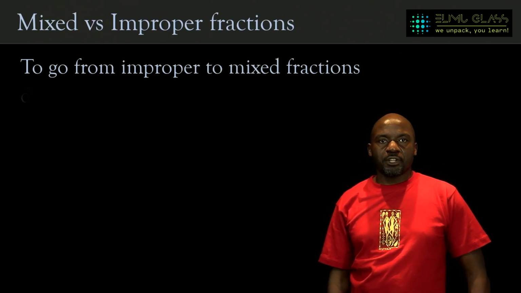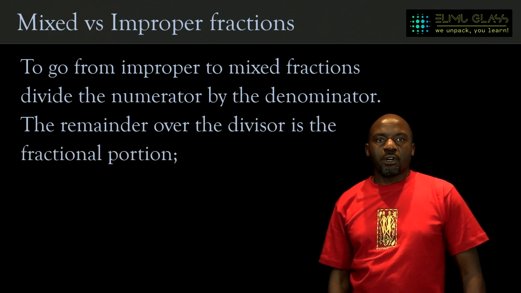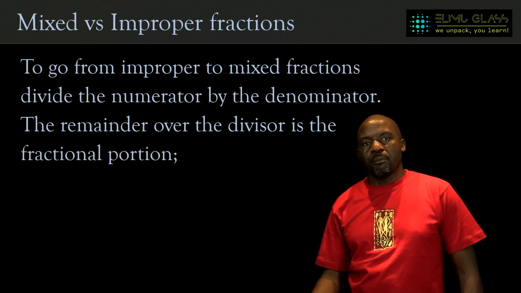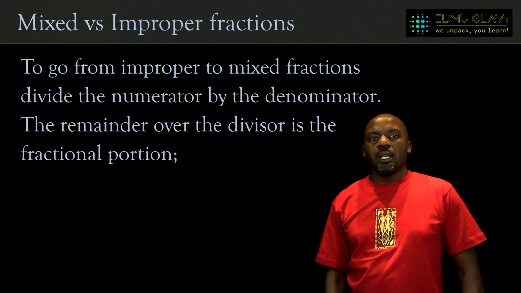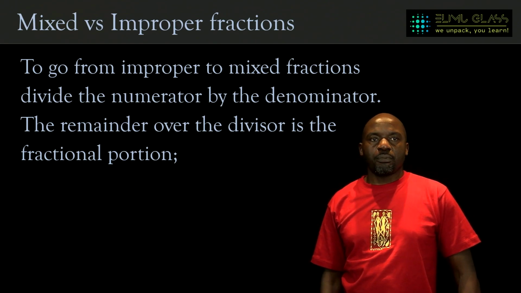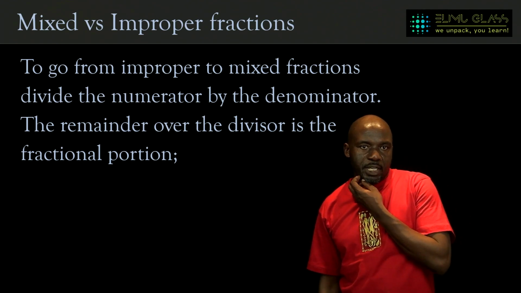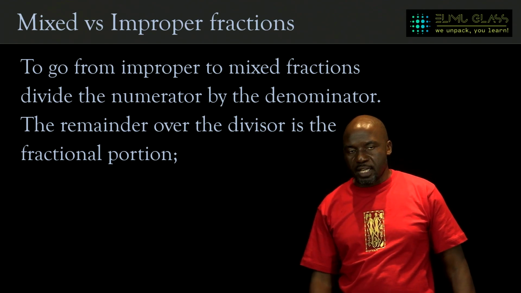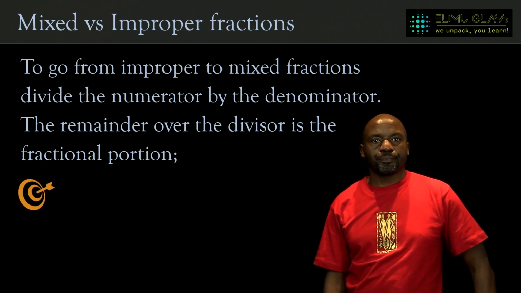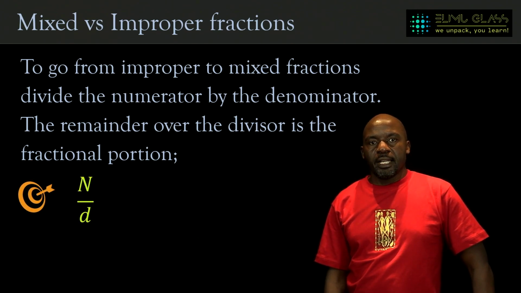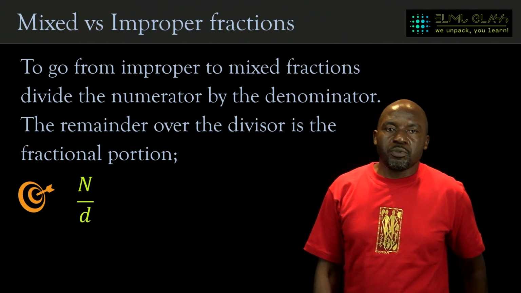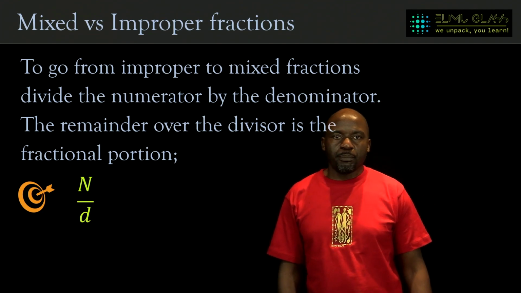Mixed versus improper fraction. We've seen how to go from mixed fraction to improper fraction. Now to do the opposite, to go from improper fraction to mixed fraction, we divide the numerator by the denominator, and the remainder is placed over the divisor, like this. Okay, so a number n which is bigger than d for it to be an improper fraction.